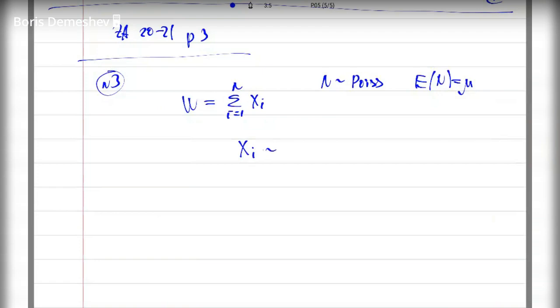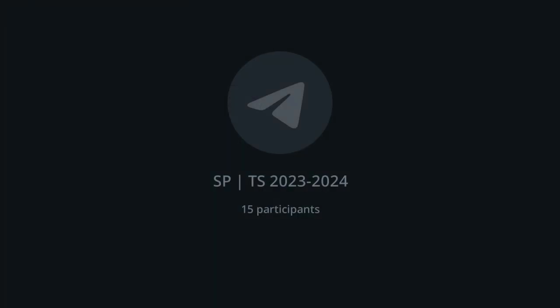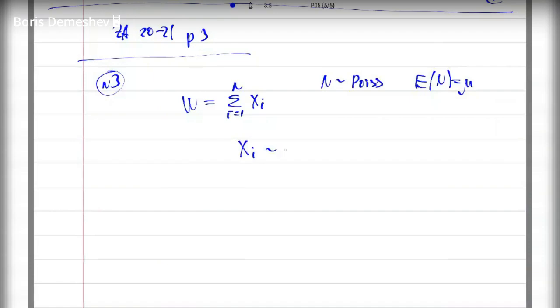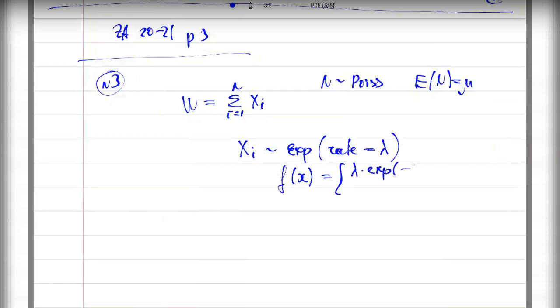Every xi has an exponential distribution with rate equal to lambda. So the density of every x is lambda times exponent of minus lambda x for x bigger than 0, and 0 otherwise. And all of them, x1, x2, and so on, are independent.